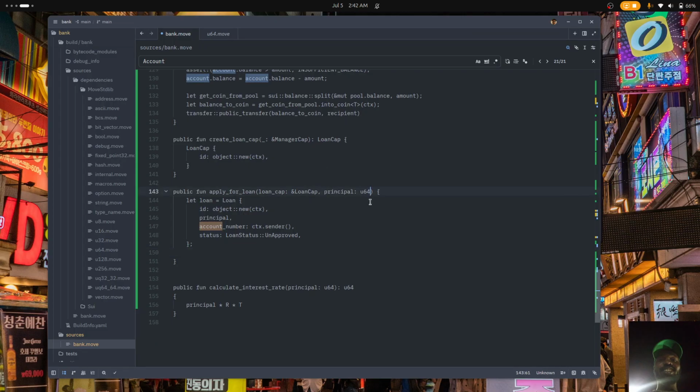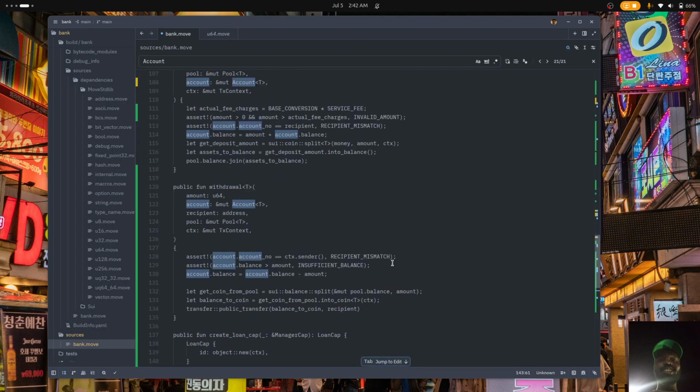Principal. So, yes. After the principal, right? We want to create. So it's supposed to be like a loan. Which currency every pool that has been created?